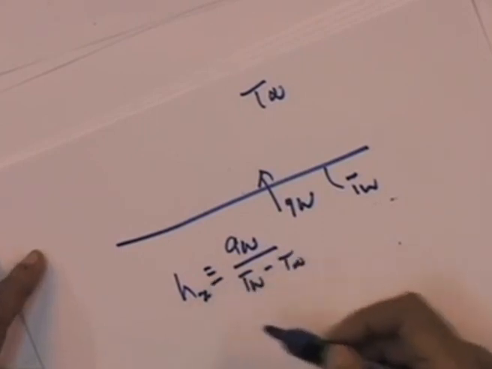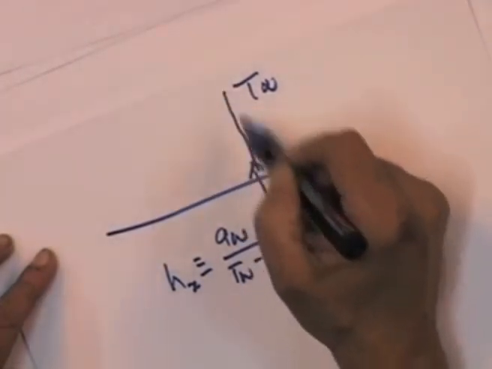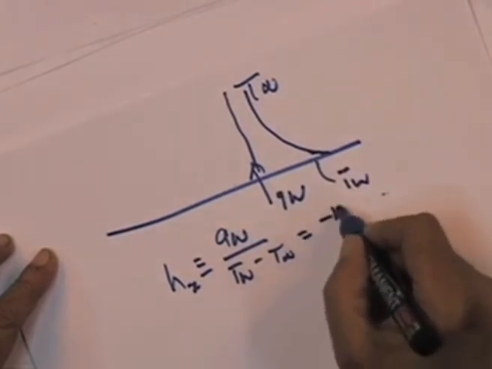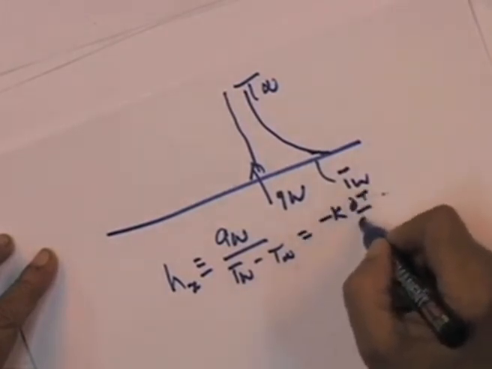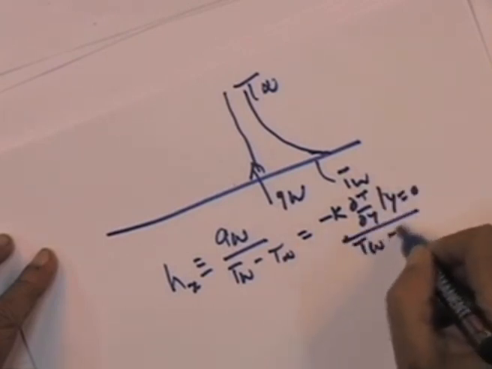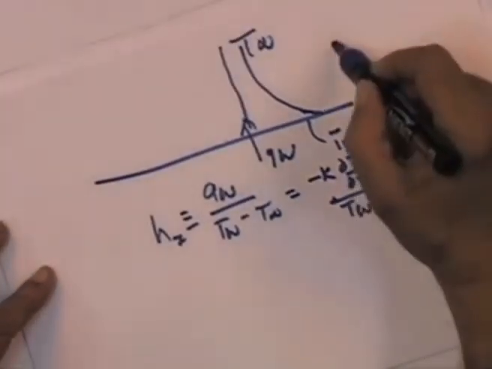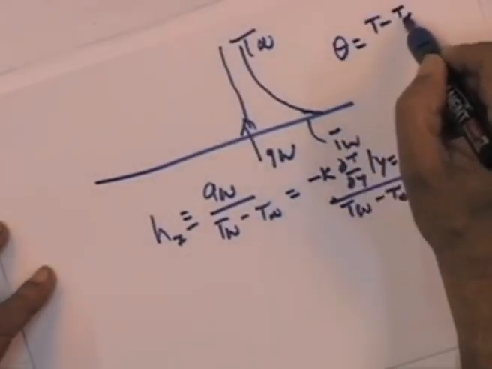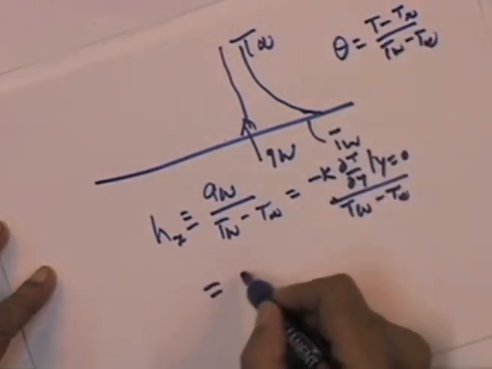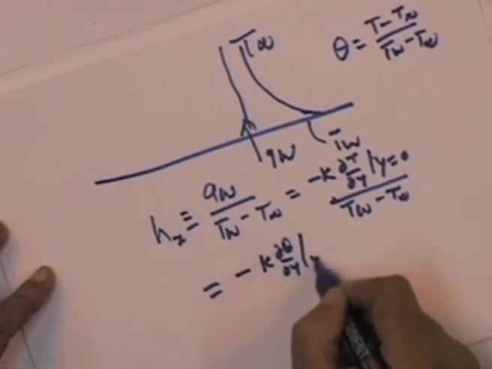This is the definition, you will recall, and that would equal, if this was the temperature profile, the gradient of temperature. Therefore, this will be minus k dT by dy at y equal to 0 divided by T w minus T infinity. But notice, since theta is equal to T minus T infinity over T w minus T infinity, I can straight away say this is equal to minus k d theta by dy at y equal to 0.